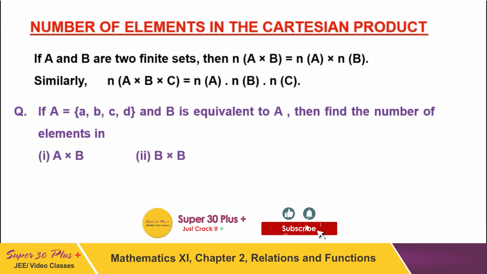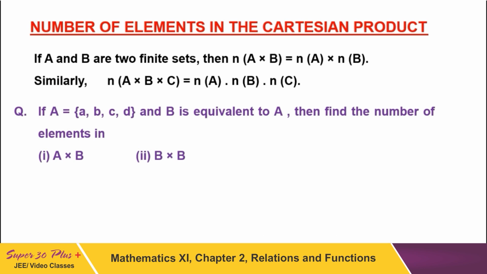Now students, most important topic: the number of elements in the Cartesian product. Here is a formula. The number of elements, or you can say the cardinal number, in A cross B will be equal to n(A) times n(B). Means if there are 4 elements like a, b, c, d and B is equivalent to A, what is the meaning of equivalent set? The meaning of equivalent set is that the set B also contains 4 elements. Then the number of elements in A cross B will be n(A) into n(B), that is 4 into 4, which is 16.